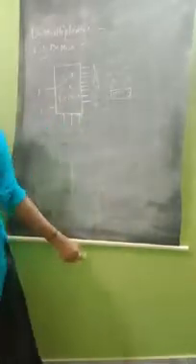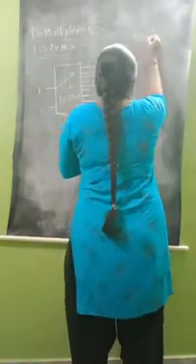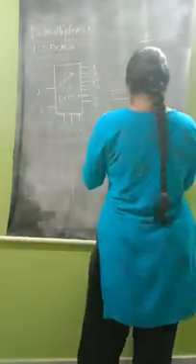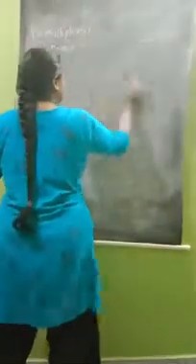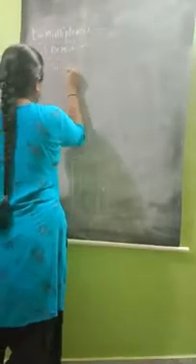So we want to draw the truth table here. E, S0, S1, S2.